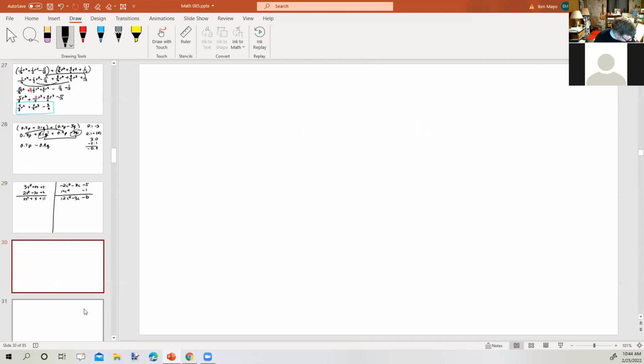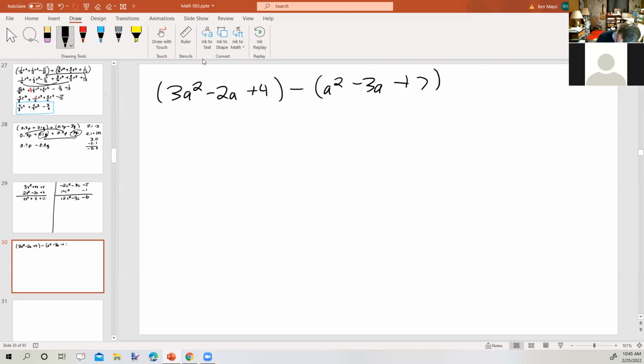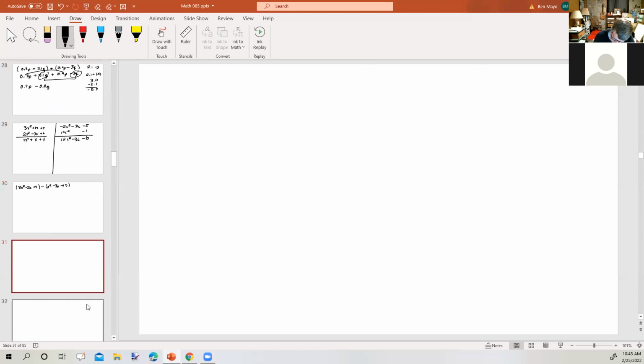All right, this says subtract the polynomials. So I have 3a squared minus 2a plus 4 minus the quantity a squared minus 3a plus 7. Well, let's come back to this problem in a minute. Let's say I've got 4a minus 2a.